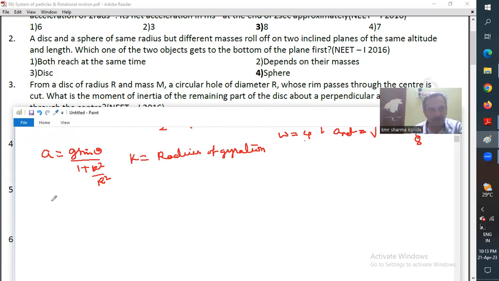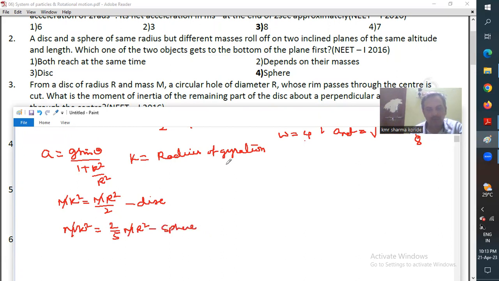In case of disk, M K square is equal to M R square by 2. M and M get cancelled. This is for disk. In case of sphere, M K square is equal to 2 by 5 M R square. So once again M and M get cancelled. This is for sphere.